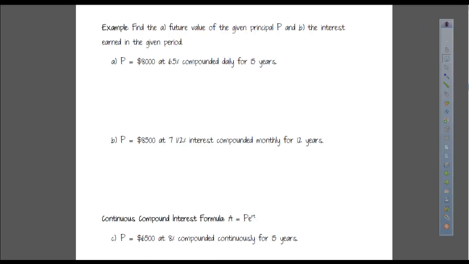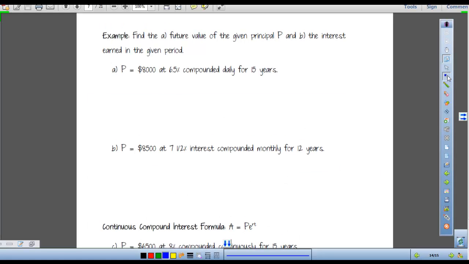Okay, find the future value of the given principal P and the interest earned in the given period. So we've got a principal here of $8,000 at 6.5% compounded daily for 15 years. So they gave us one formula. It was A equals what? P times 1 plus R over N raised to the NT.